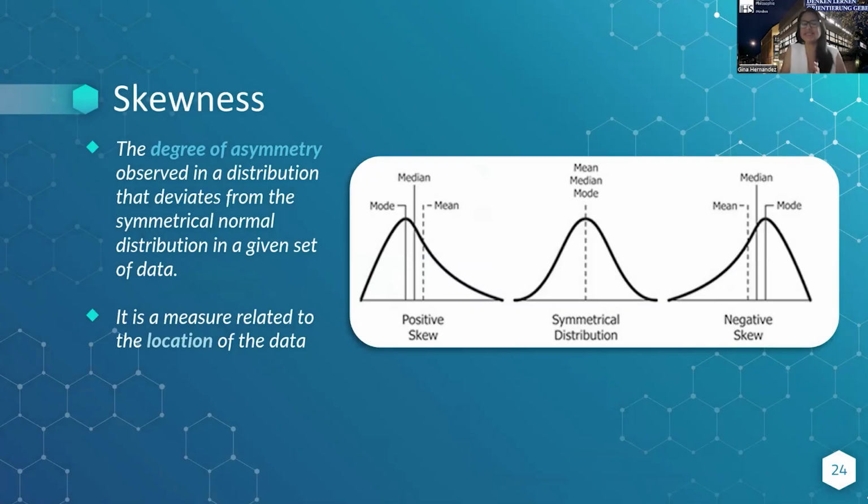So as I said before, mainly there are two ways in which your distribution could be not normal, and one of them is being skewed. As you can see here, being skewed is being too much to the left or too much to the right. This is a measure of location of your data.